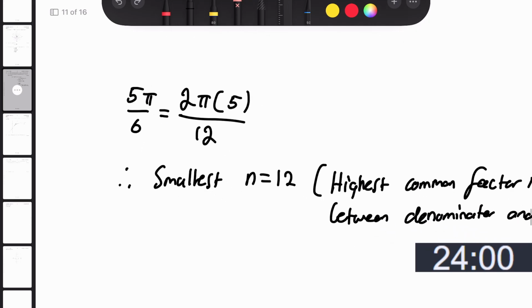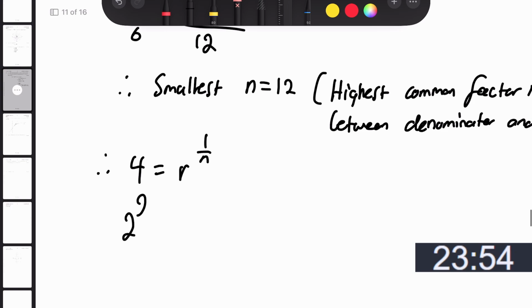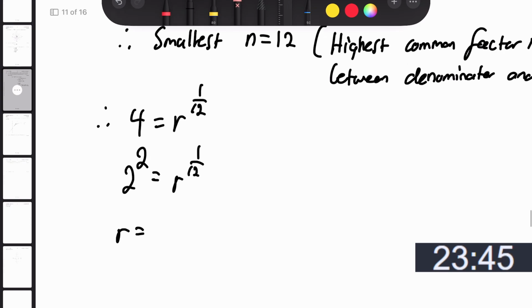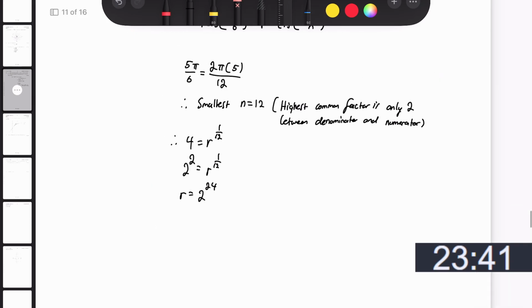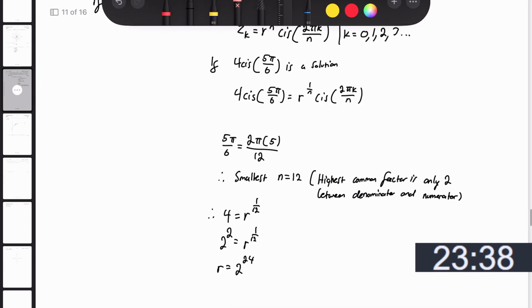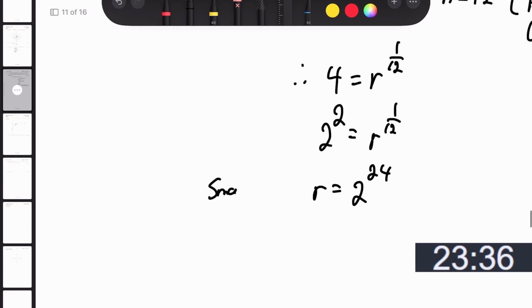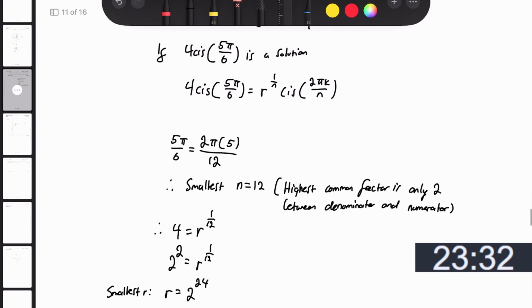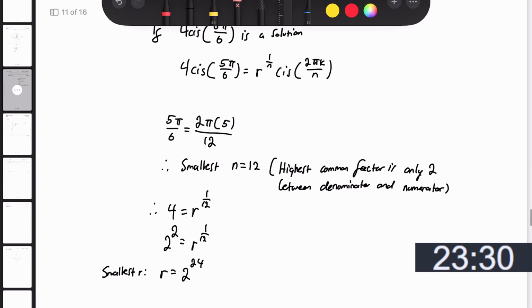Okay, so then, therefore, 4 is equal to r to the 1 on n. Or we have 2 squared is equal to r to the 1 on 12. So then the smallest r must be 2 to the 24. Smallest r is 2 to the 24. Okay.